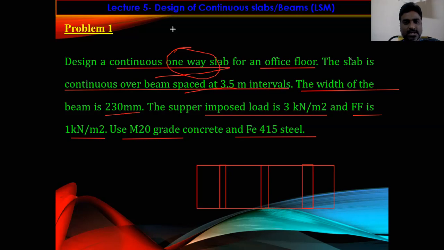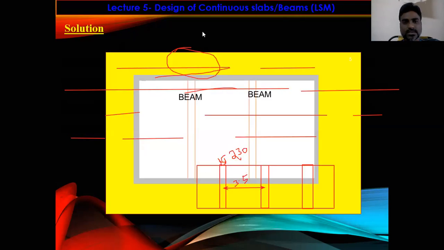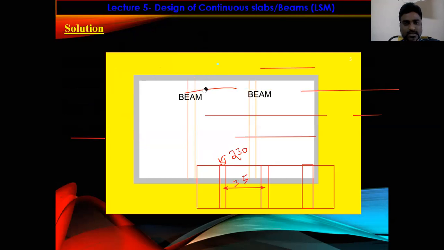That means the distance from this center to this center is 3.5 meters, and the width of the support, that means this width, is 230 mm. So this is a plan of the slab.